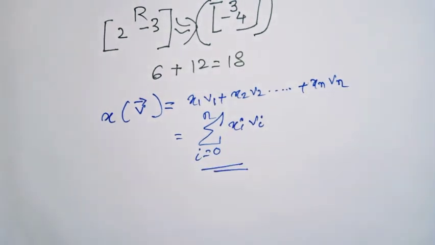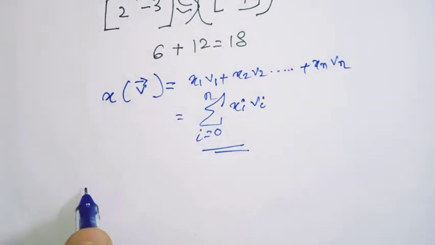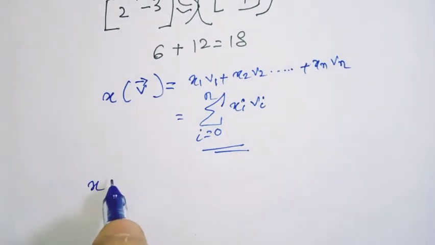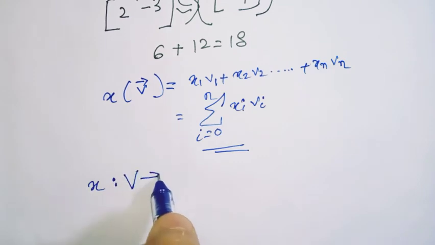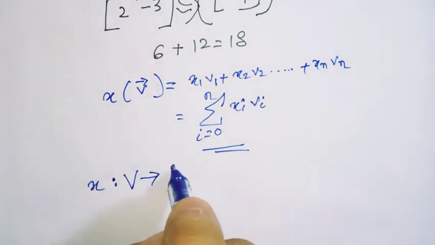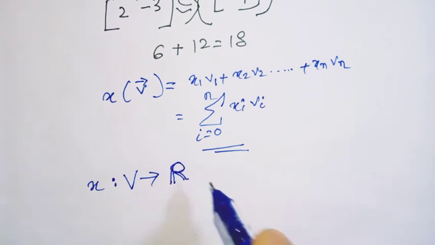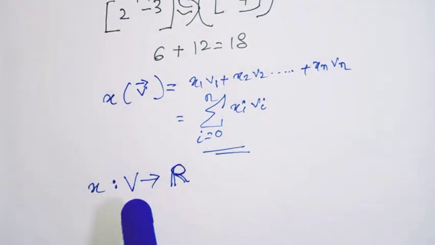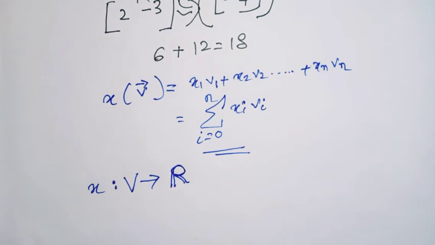So we can show that x takes a value from the vector space V and produces a real number r. The row vector takes an input from the vector space V and gives back a real number, which can be a scalar.